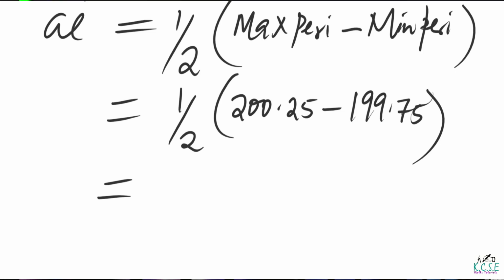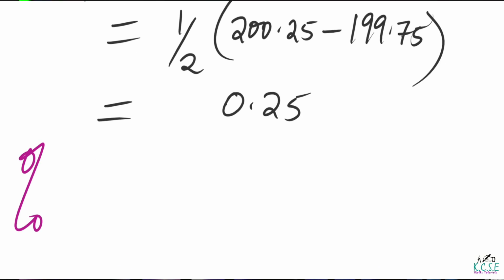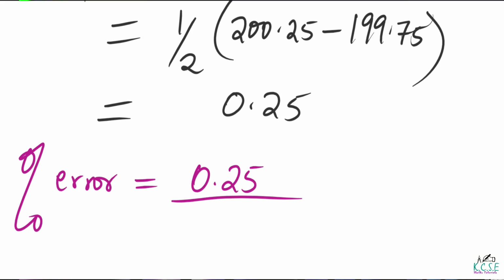So when you work out these, you get half. The whole of these will give 0.25. So this is the absolute error. Now to obtain the maximum percentage error in the perimeter, it will be given by absolute error, which you have obtained as 0.25, divided by the actual perimeter.